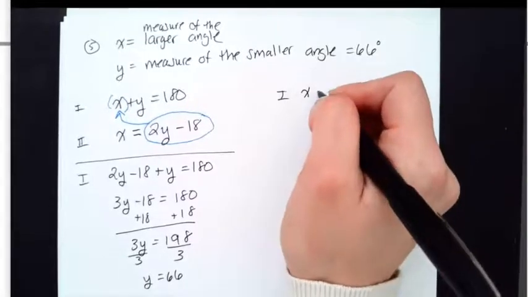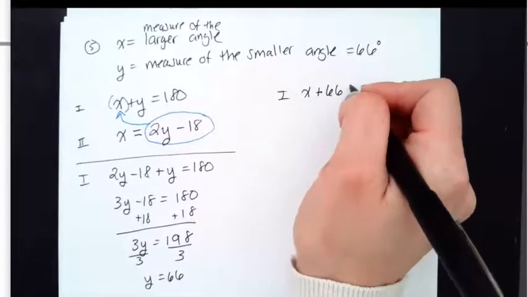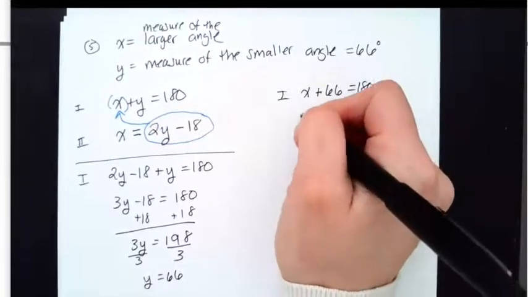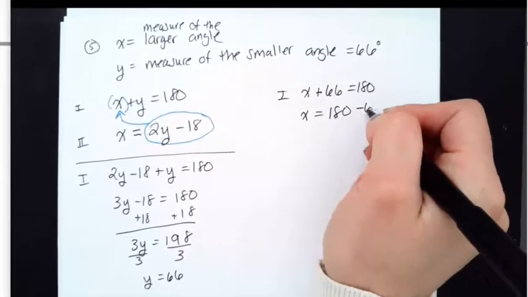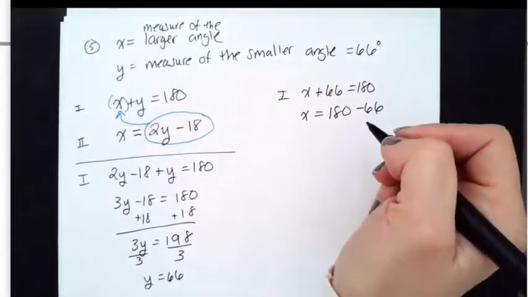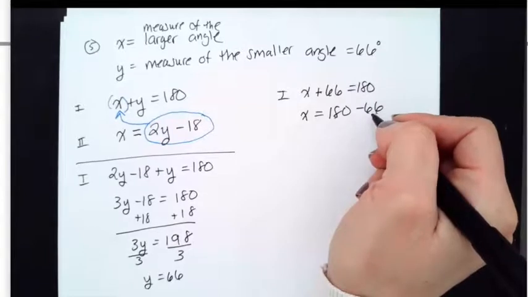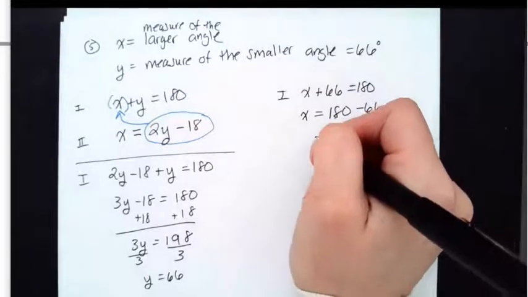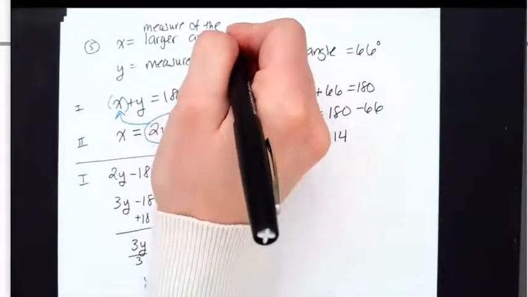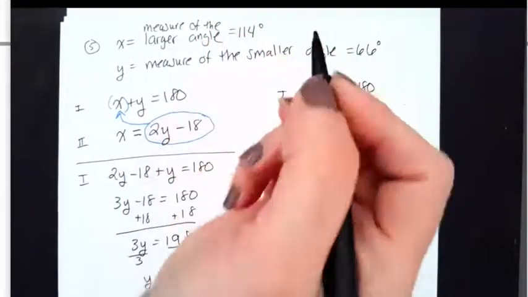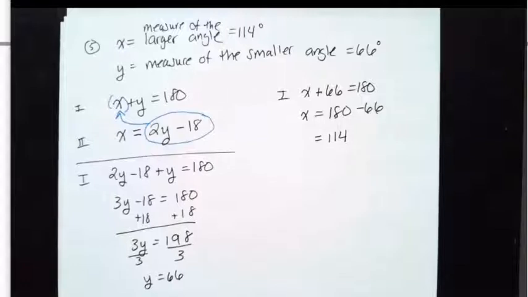X plus y is 180, so x plus 66 equals 180, which means to get x I have to subtract 180 minus 66. Let's see, 180 minus 60 would be 120, minus another 6 would be 114, and that's in degrees. So I found the measures of the larger and the smaller angle in that situation.